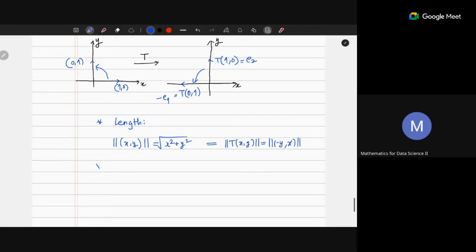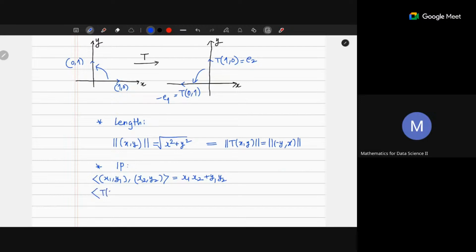And what about the inner product between two vectors? Let's say you have (x1, y1) and (x2, y2). Now what is the inner product? It is x1 x2 plus y1 y2, right?